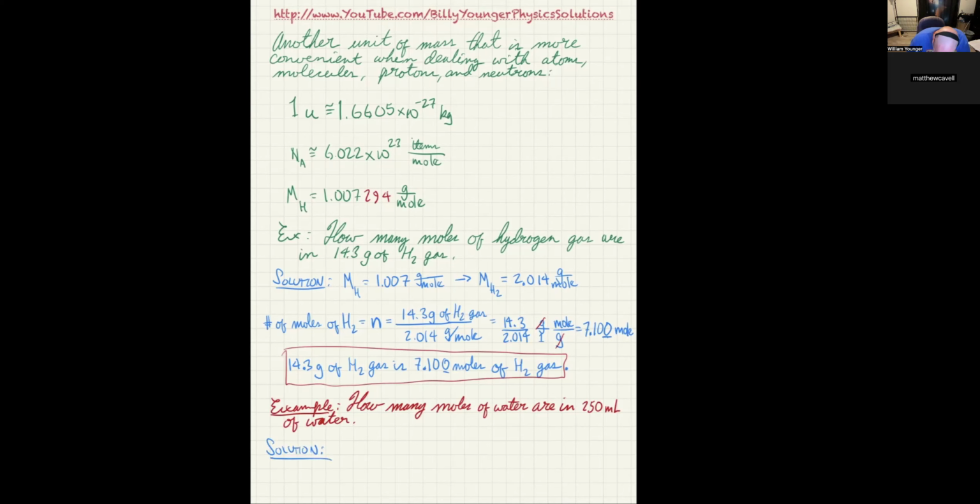What I'm going to do is first realize that the density of water is equal to 1.00 grams per cubic centimeter, which is equal to 1.00 grams per milliliter.